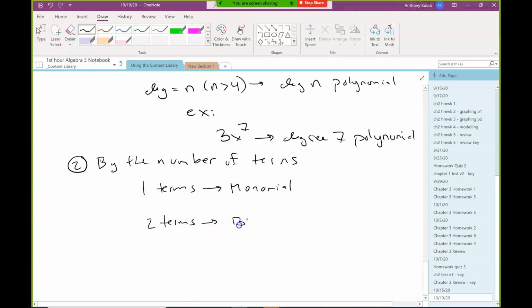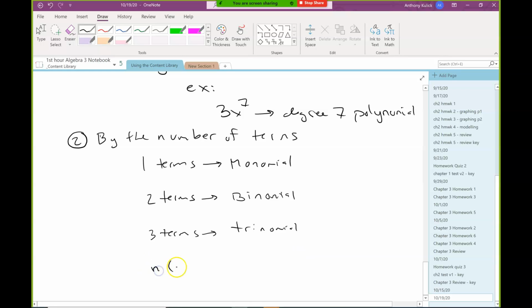Two terms, we call that a binomial. 3 terms, we call it a trinomial. And that's as far as I would need you to go. So if we have n terms where n is bigger than 3, we'll just call that a polynomial. And we're not going to worry about the prefixes there. Okay with that?